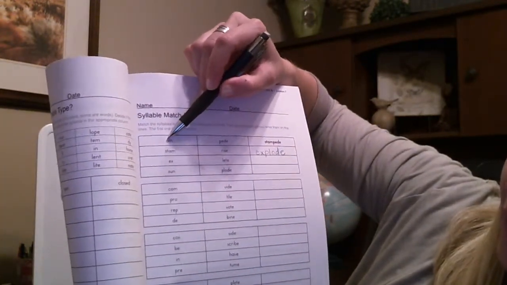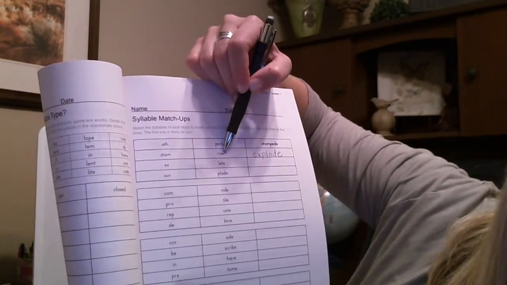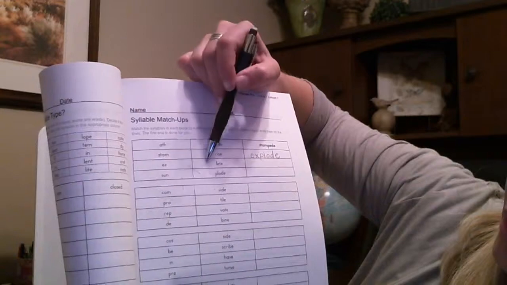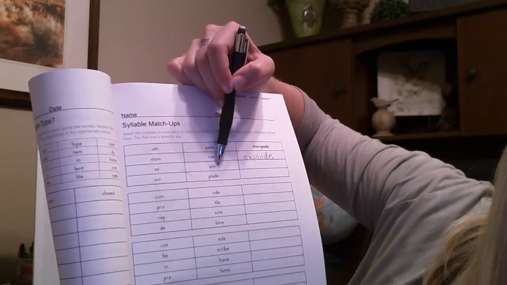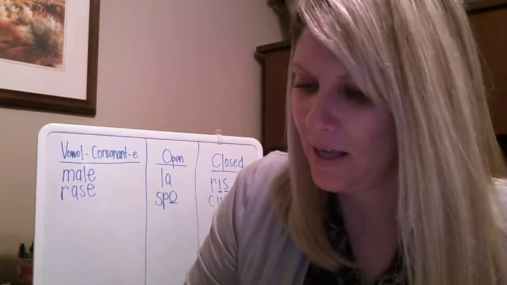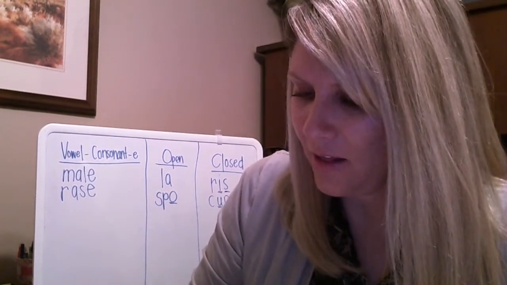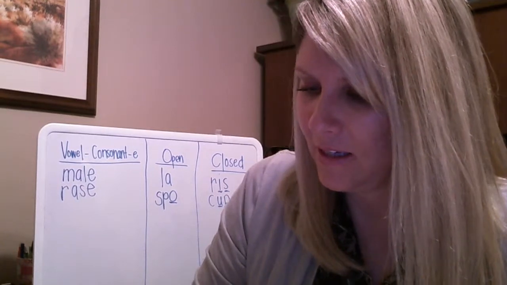Okay, let's look down at the next one. Well, we've got ath. Let's try this one. Ath, rise. Is that a word? No. Athlete. Hey, athlete. That would be a match to make a word. So I would write ATHLETE.